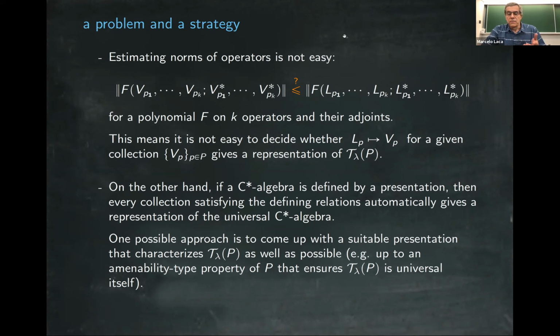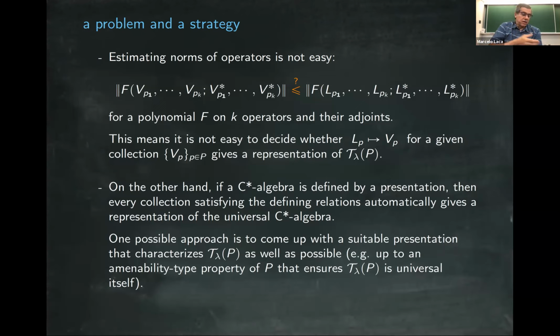So in general, you have to send a polynomial in the L_p's and the adjoints to a polynomial in the target operators V_p. That norm is difficult to estimate. It's not clear that a map simply assigning L_p to V_p will extend to a contraction from polynomials to polynomials, so it may not extend to the C*-algebra generated by the L_p's. It's hard to estimate that inequality.